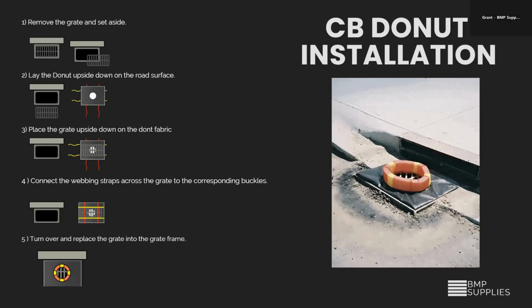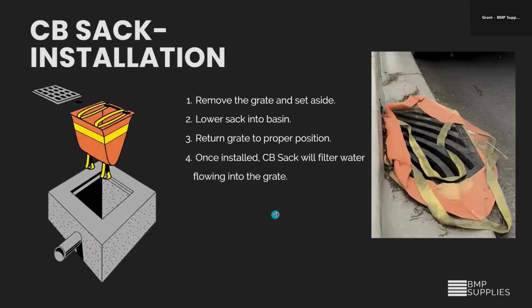Sometimes you can get the window and the sock facing each other, and then all that happens is leaves and debris can block that window. So you want to keep that window open just to prevent any flooding or any issues.